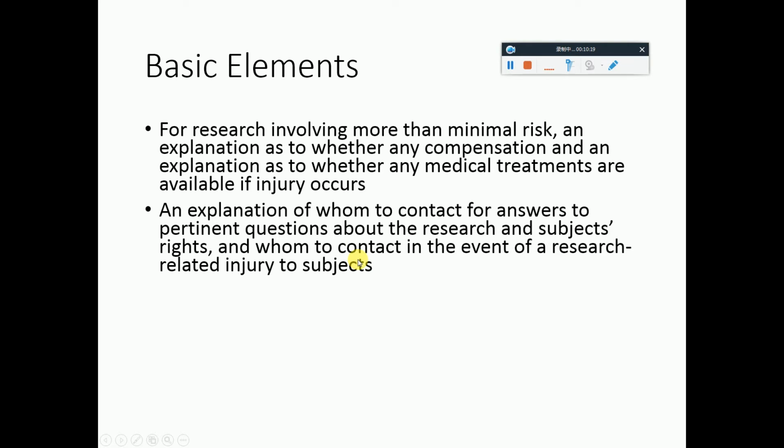A sixth element that's considered basic is an explanation of whom to contact for answers to questions pertinent to the research. That will usually be the researcher in charge of the study. The informed consent should also provide contact information if participants have questions about their rights. That usually will be the IRB.